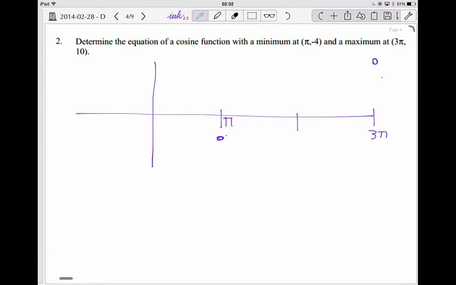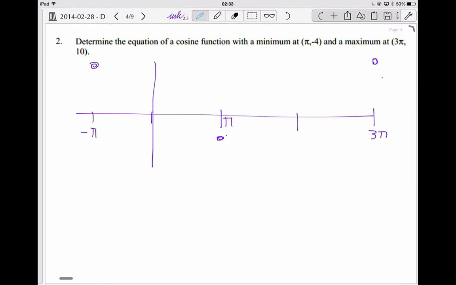Now I'm going to make the assumption that there is not a whole bunch of wiggles in between there. That might be true, but I'm going to just assume it smoothly connects, and it's just half of a cycle from those 2 points. So if half of a cycle takes 2 pi to do, if I go backwards here, 1, 2, so that I'm now at -pi, I should be back up at 10.